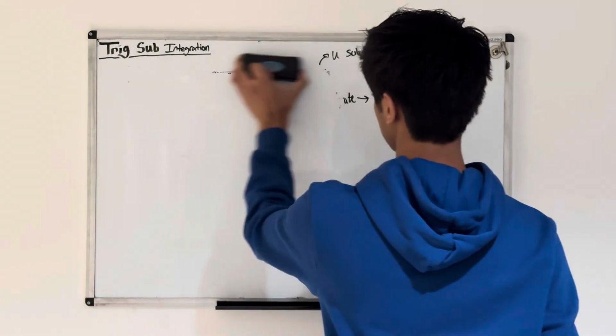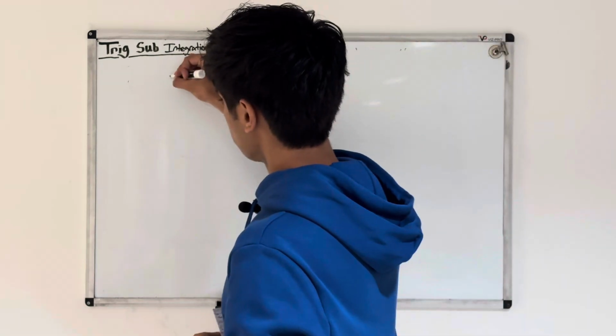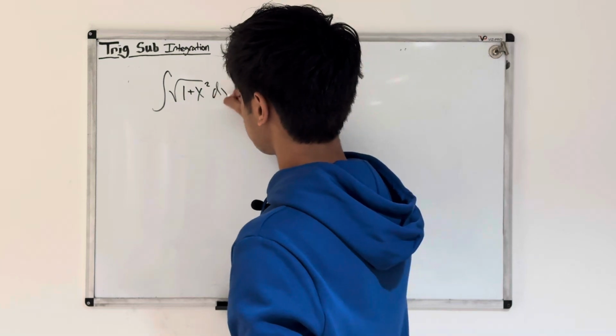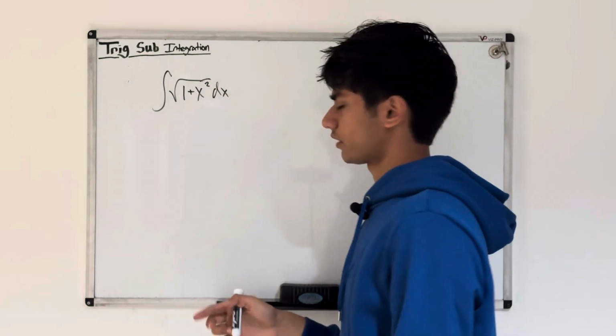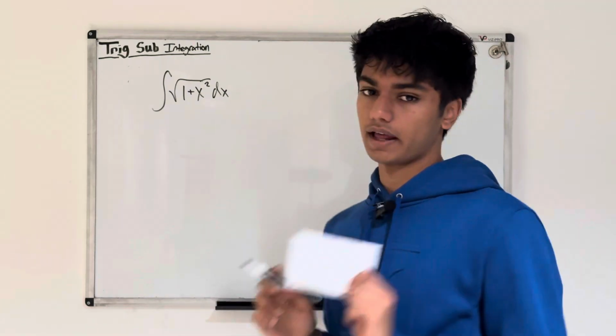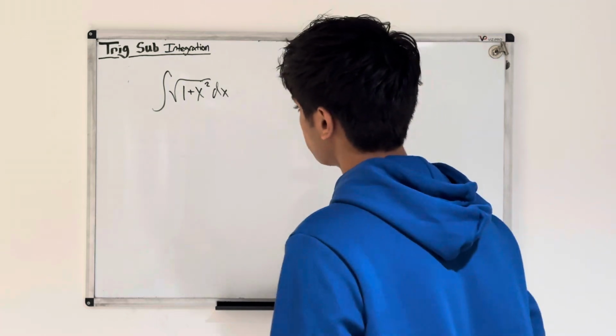Let's say we have to integrate the function square root of 1 plus x squared dx. So obviously here, there's nothing we can do with u sub, integration by parts, or anything else. We're going to have to use trig sub, which works since a squared plus x squared is in that format.